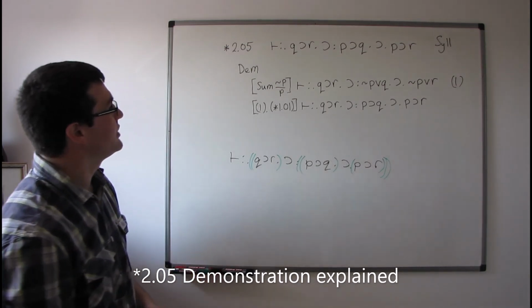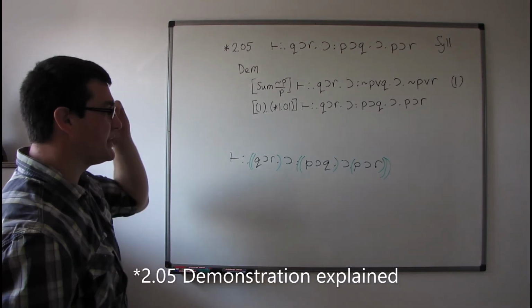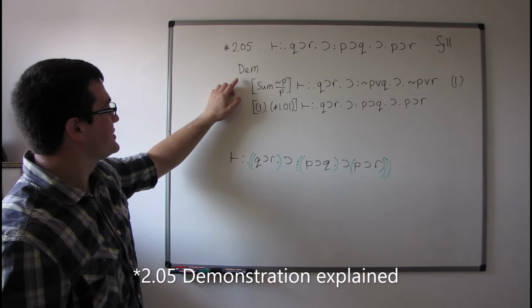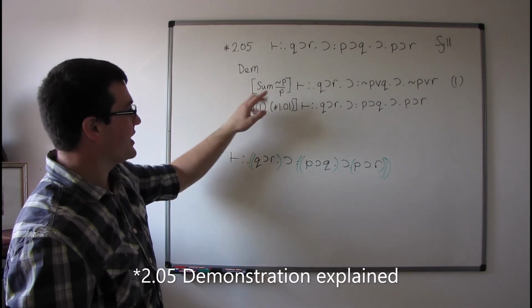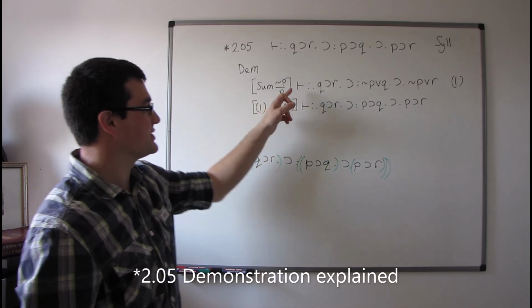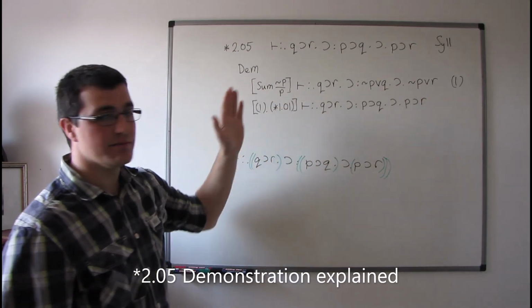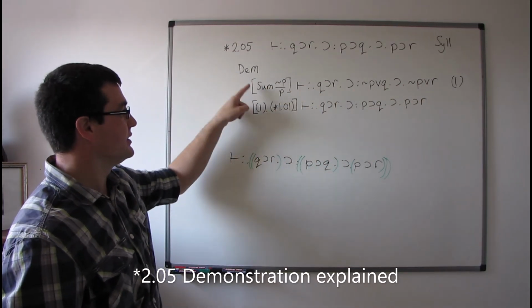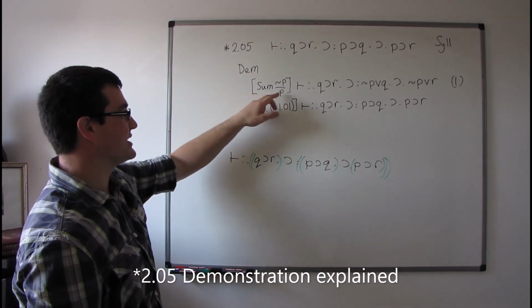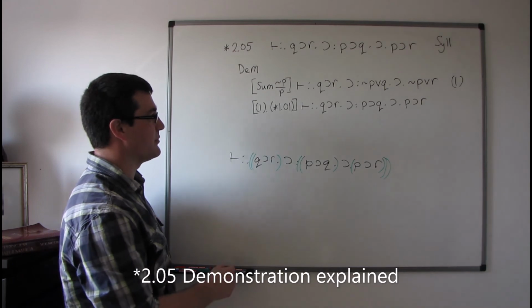Okay, so looking at the demonstration of this particular proposition, we've got, again, the square brackets before the assertion symbol, which is indicating that this assertion here is being made in accordance with whatever's inside this. The hints really come from inside these square brackets.